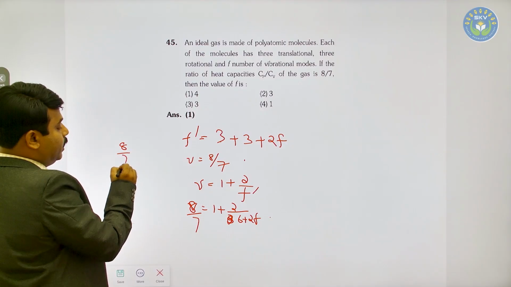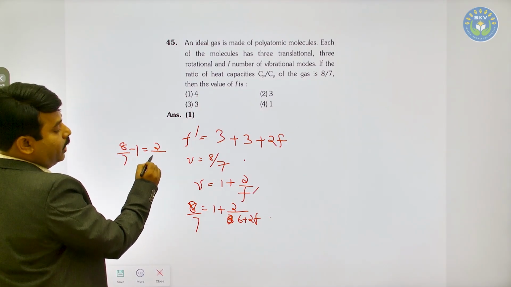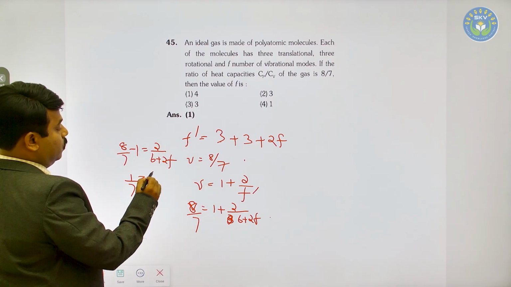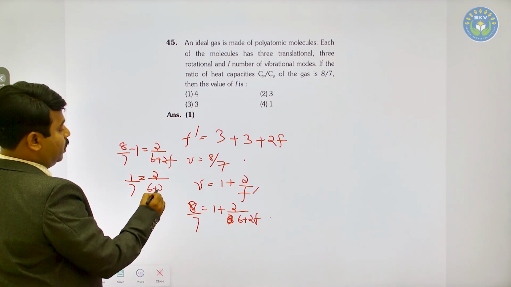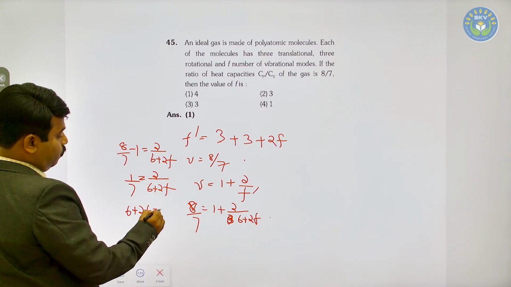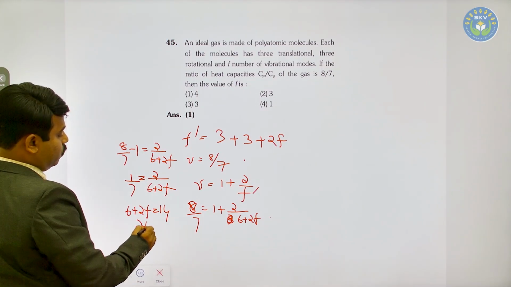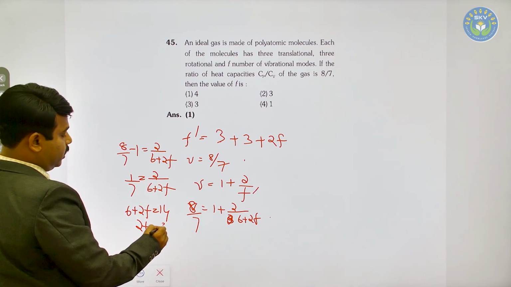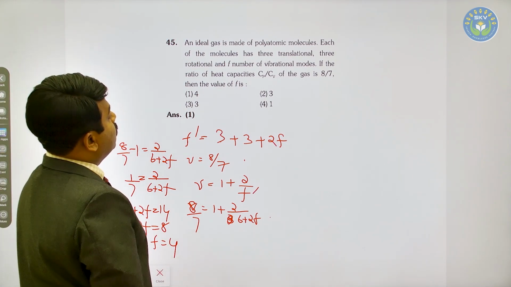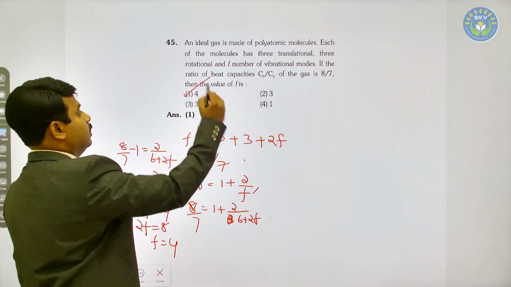Then 8 by 7 minus 1 is equal to 2 by 6 plus 2f. Then 1 by 7 is equal to 2 by 6 plus 2f. Then 6 plus 2f is equal to 14, and 2f is equal to 14 minus 6, that is 8. Then f is equal to 4. That means 4 is coming, option 1 is correct. Right?